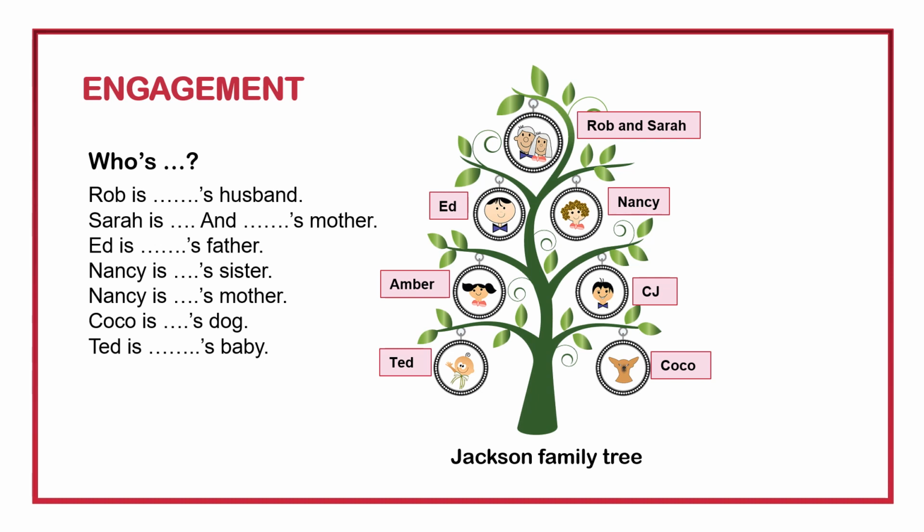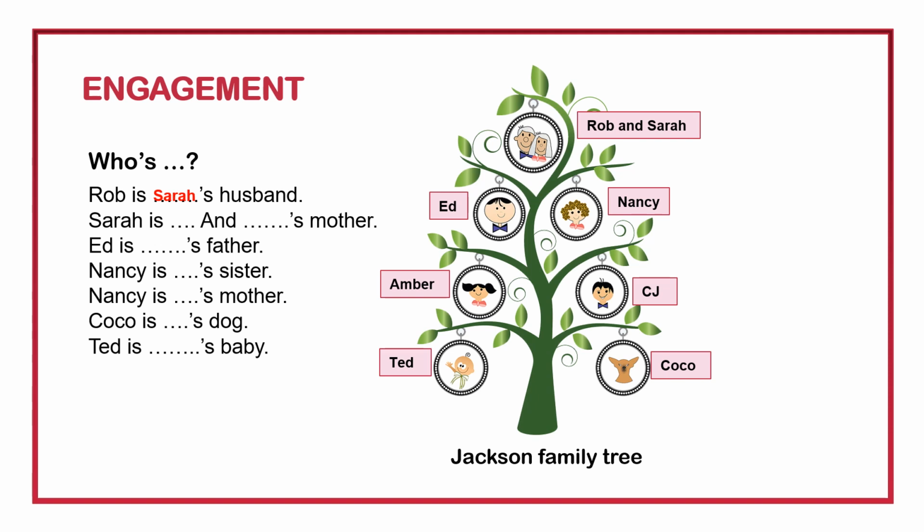Rob is somebody's husband, and that's Sarah. Rob is Sarah's husband. So this apostrophe S or possessive S shows that Rob is the husband of Sarah. Sarah has someone, and that's Rob.